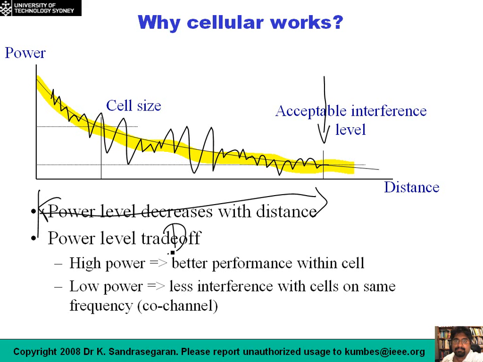And if you use a lower power, you're going to have less interference on the same frequency. And this is referred to as co-channel interference. So in the concept of cellular networks, you'll hear two terms: co-channel interference and adjacent channel interference. Co-channel means when the frequency is reused on the same channel, what sort of interference does it create?